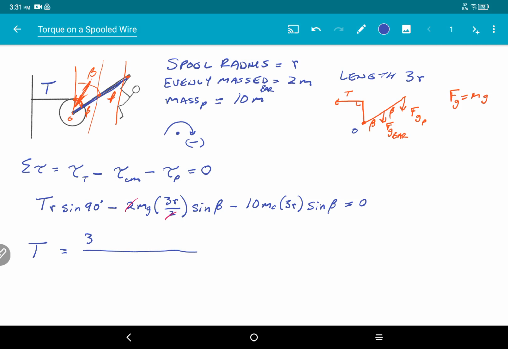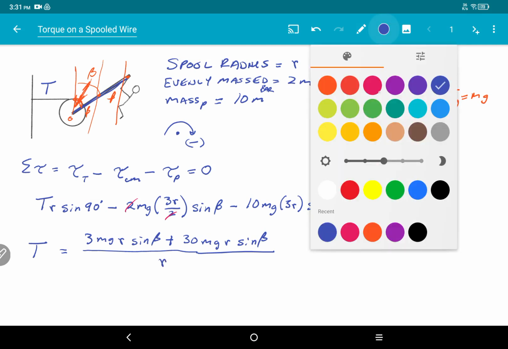G is in the 10 mg and 2 mg, so I forgot that. So that'll be 3 mgR sine beta plus, because it's on the opposite side of the 0, 30 mgR sine beta, all over R.